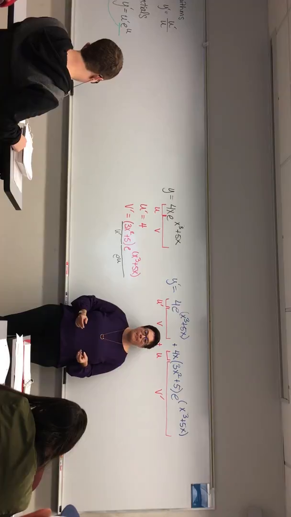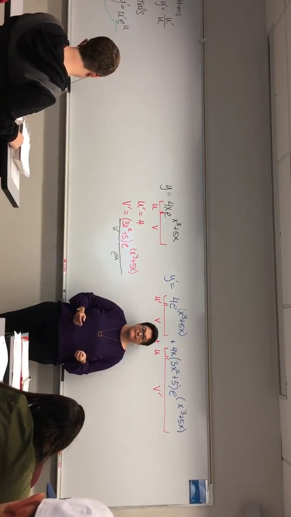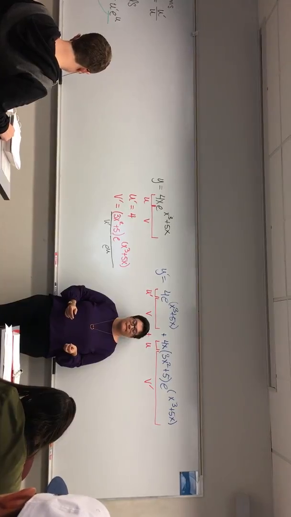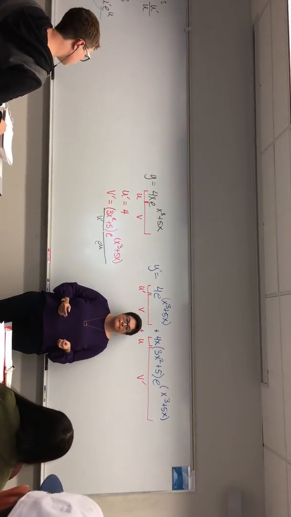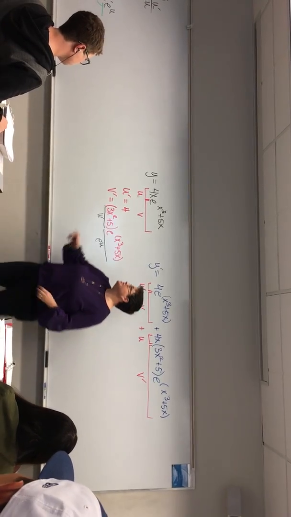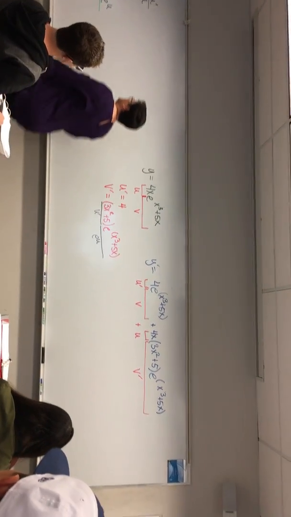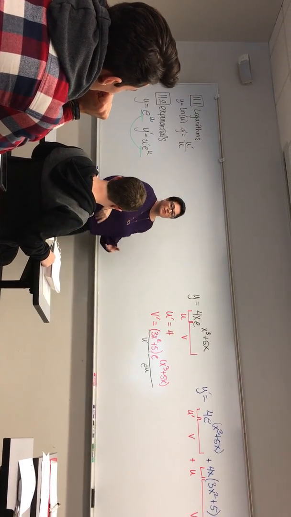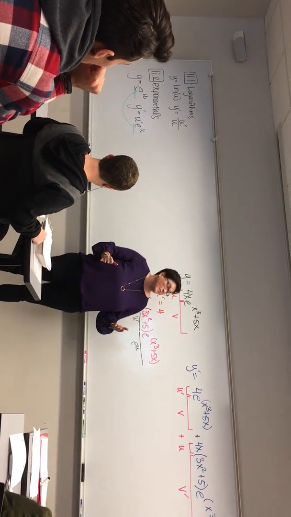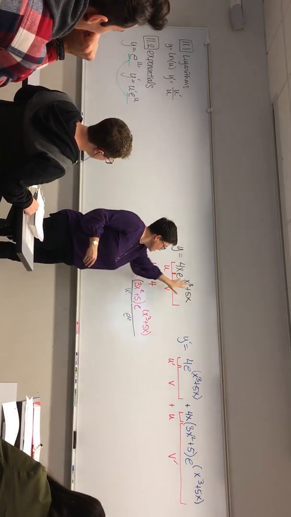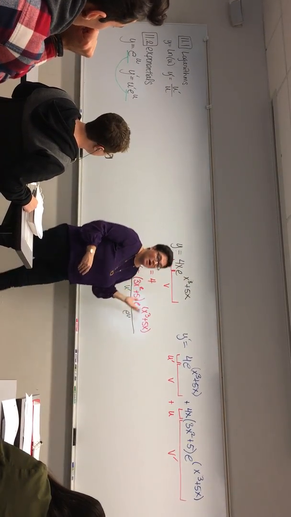Looking initially at the main problem, when you divide it into u and v, that should tell you you're doing the product rule towards the end. If this had just been a 4 out front, we could have gone forth and just done this, right? But because it's not a constant coefficient, it's an actual function, we have to treat it like a function, which means it's a function times a function, which makes it a product.